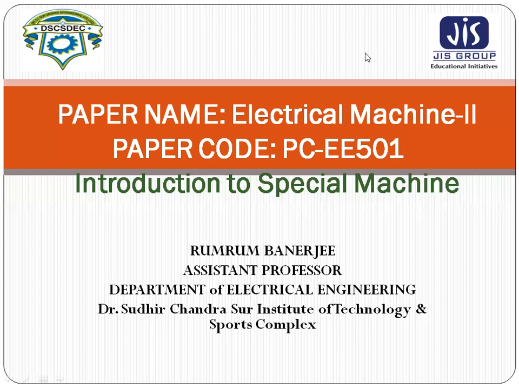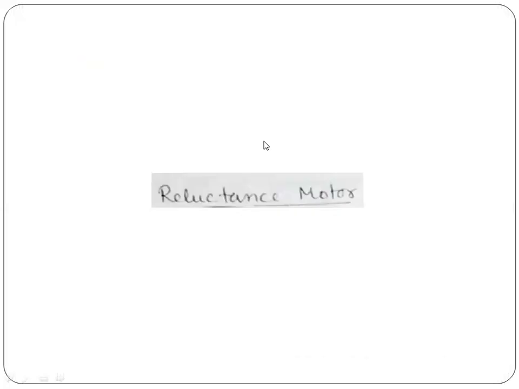So, let us start with our topic, that is Introduction to Special Machines. In this topic, we will briefly highlight some special kinds of machines, and we will cover those parts. So our first topic is the reluctance motor.